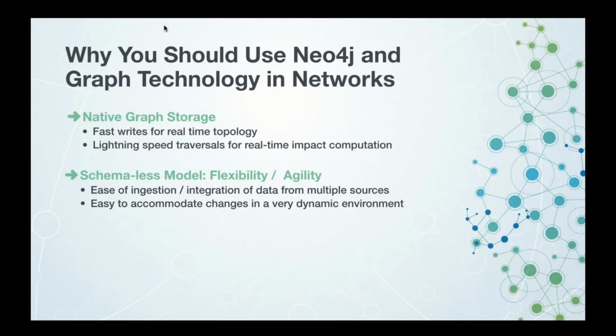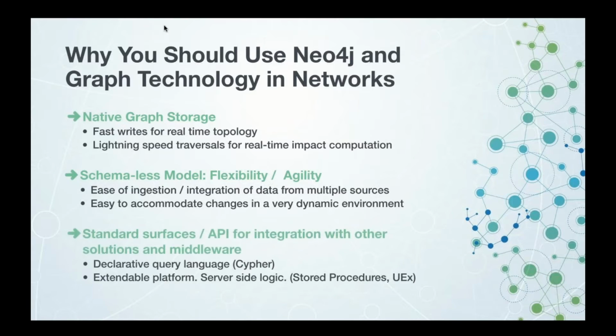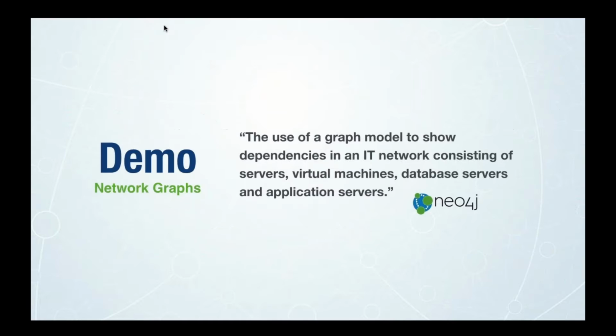This makes it easy to accommodate changes in a very dynamic environment, which networks are. And a third reason is the standard services and API for integration with other solutions, and especially our declarative query language, Cypher. I'm going to hand over to Will, who will now give you a short demonstration on how to use the graph model to show dependencies in an IT network. So over to you, Will.